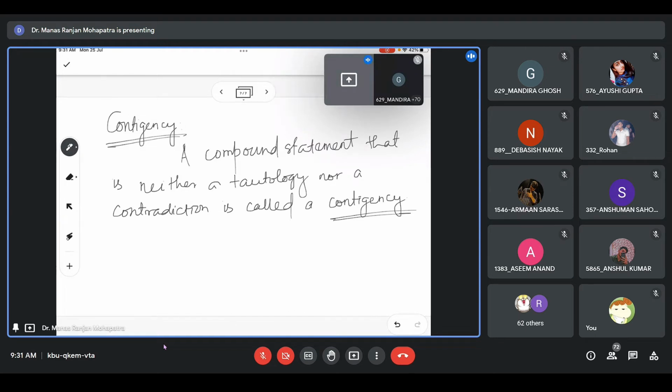Compound statements are categorized into three categories. Some of them are tautologies, some of them are contradictions, and the rest, which are neither contradictions nor tautologies, are called contingencies. Let us take some more examples.